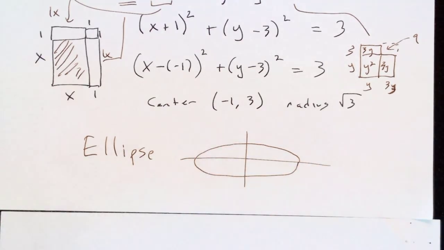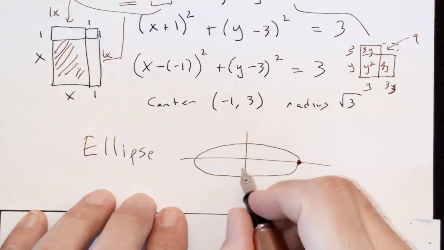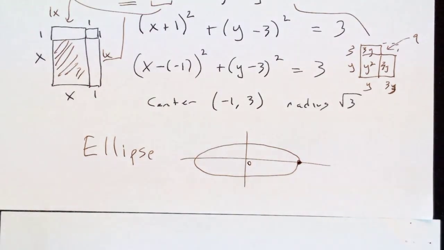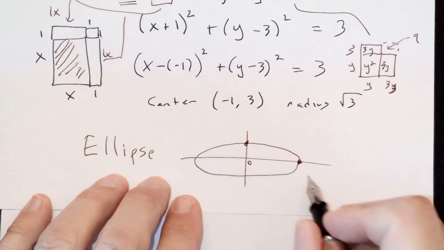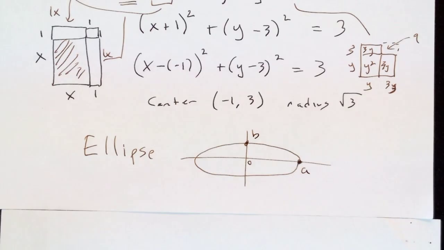I'm a crap artist, so we'll just run with this for the moment. I'm going to have a different horizontal distance than I am vertical distance. I'm going to start this at the center. We'll move it anywhere in a moment, but I'm going to start with the same distance idea from the center. Let's call this distance A and this distance B. So I have a major, the long one, and a minor, the small one.